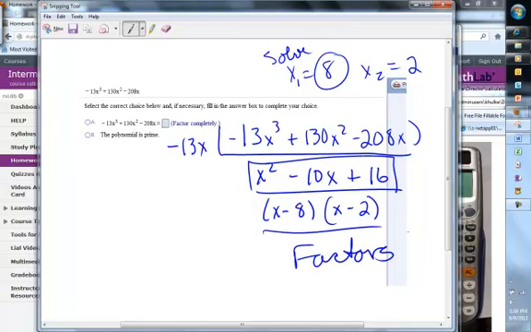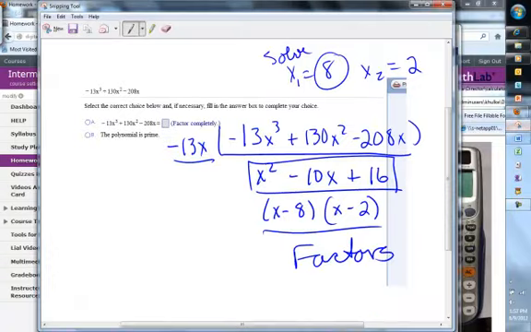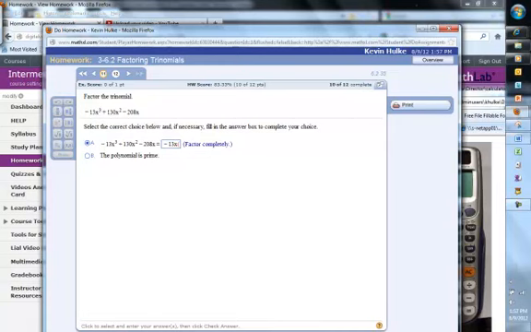So our factored form has negative 13x times, and then our two factors are x minus 8, x minus 2. Oops, too many parentheses. All right, last one.